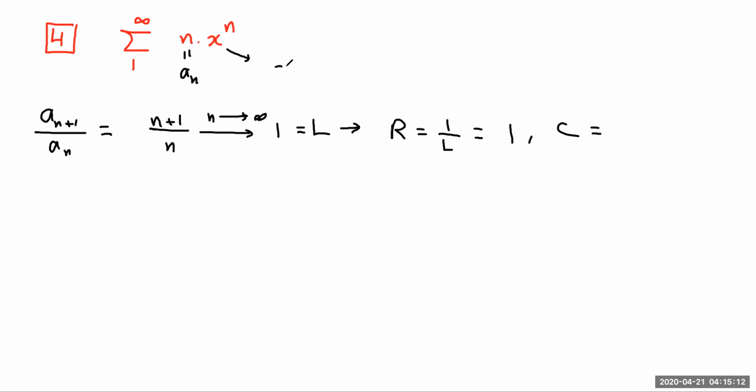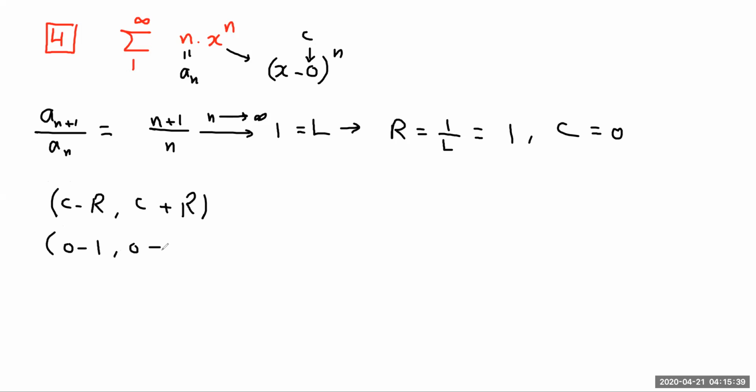I have here x minus 0 power n, so the center C is 0. So the radius of convergence is 1 and the center is 0. The interval of convergence is C minus R, C plus R. So it's 0 minus 1 and 0 plus 1. It's minus 1, 1.